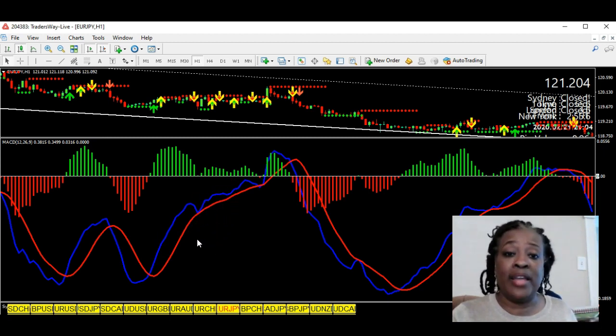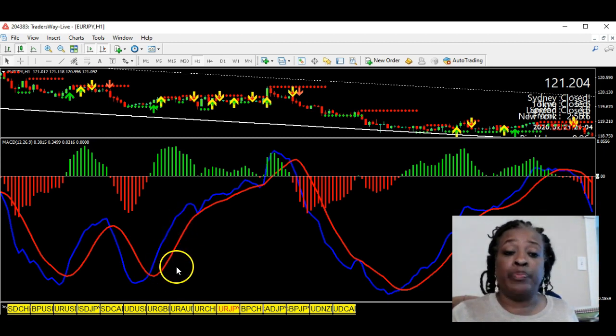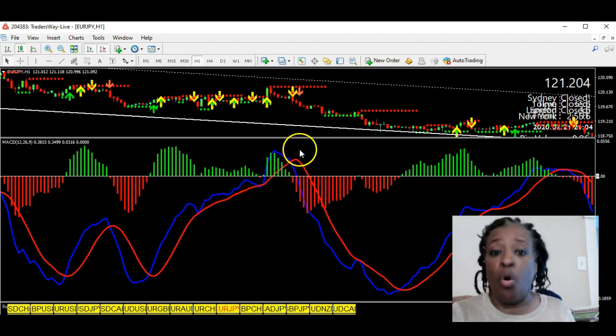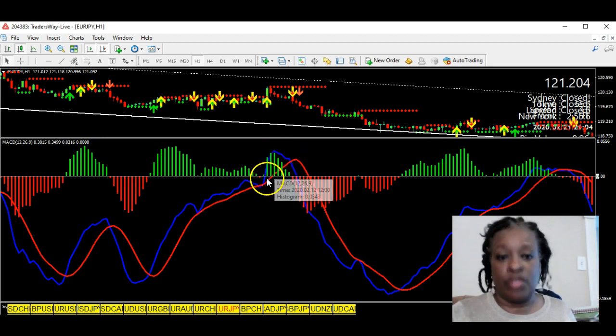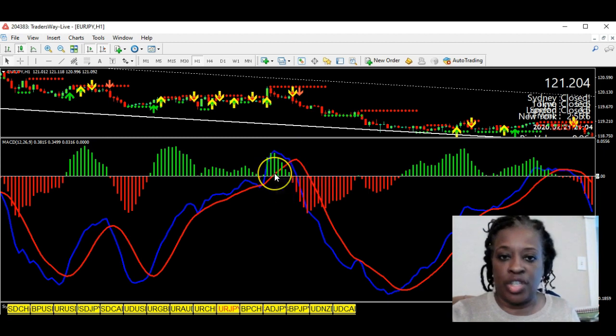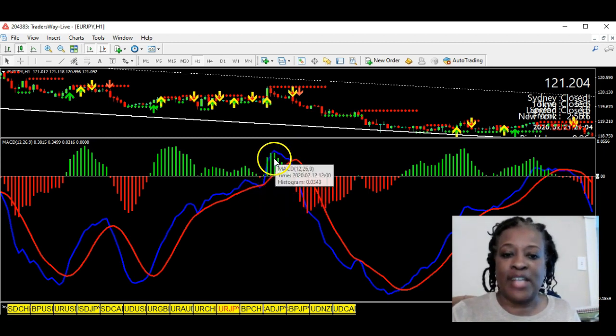And what you will find is that your moving average will continue to go up, close to crossing over the 0 line, or crossing over into the bullish territory. And as you can see, that's what happened here.